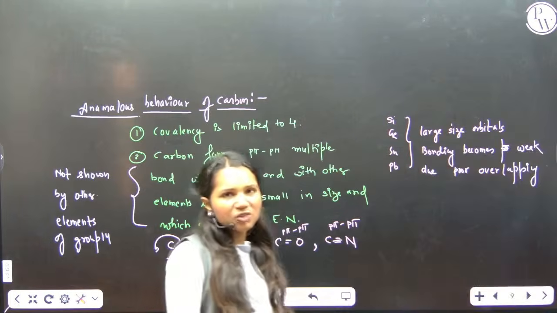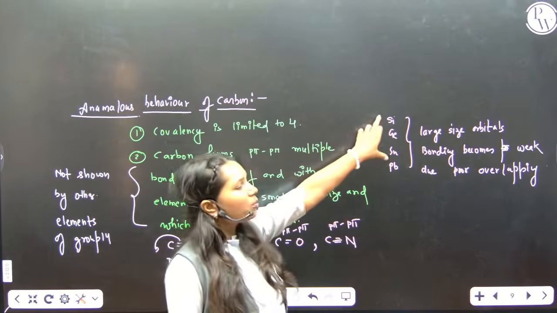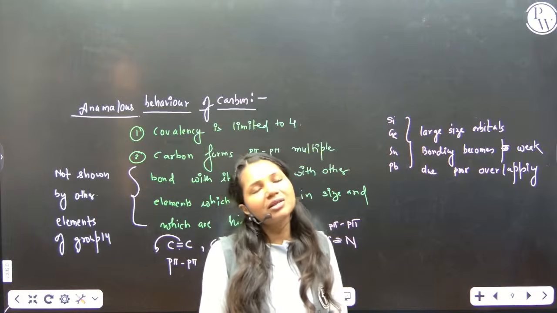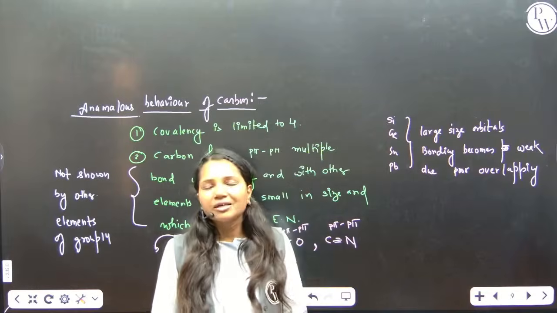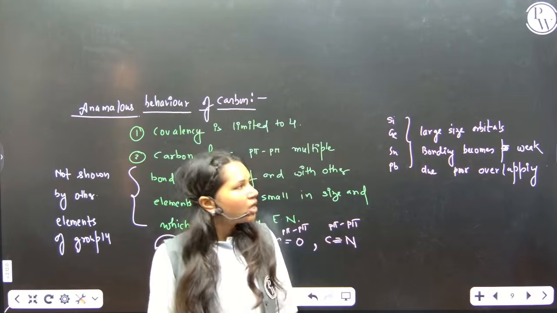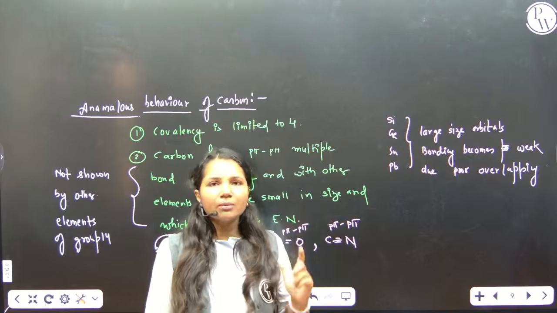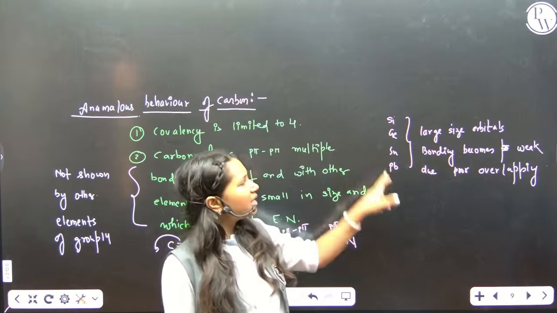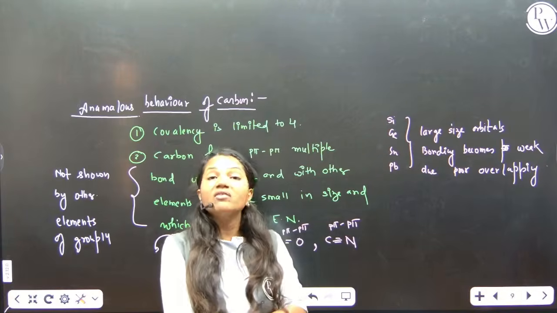If the overlapping is poor, the covalent bond will be weak. So they do not form multiple bonds, because the overlapping is not that effective. So this is the anomalous behavior: carbon forms multiple bonds with itself and with others, but these elements cannot show double and triple bonds because those are very weak here.